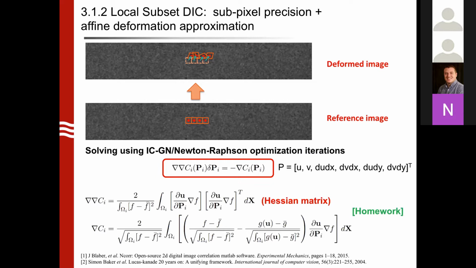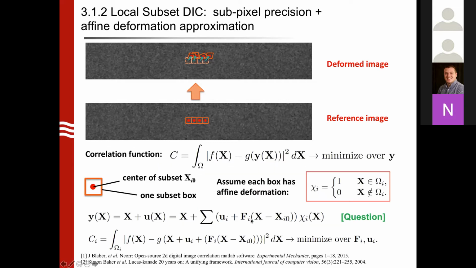Again, for this optimization, you put all the U and F, those are your unknowns for each subset. And you assume U and F are constant values within each subset.